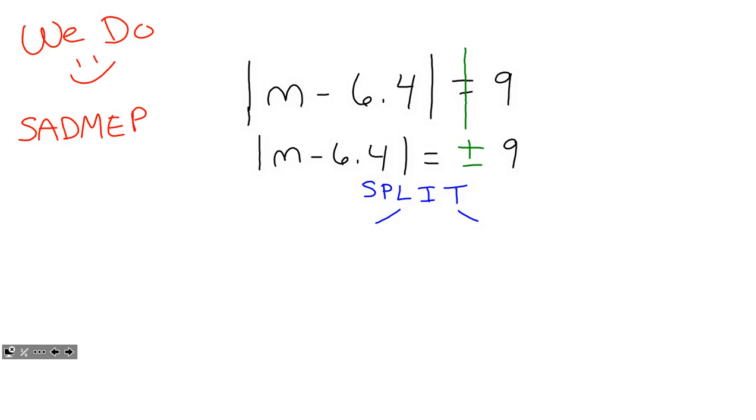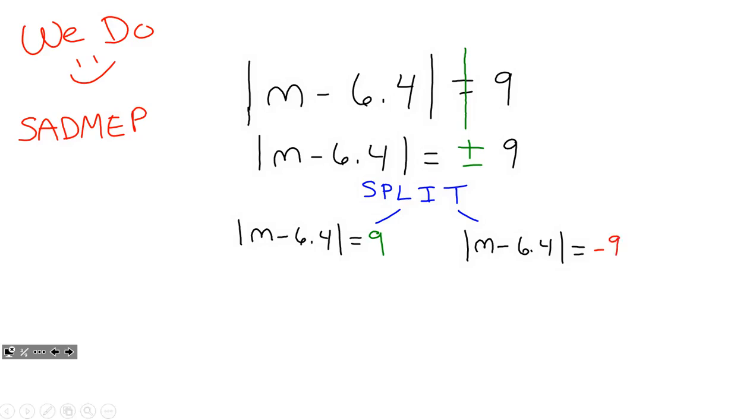So when I write my first equation, I'll write the absolute value of m minus 6.4 equals a positive 9. Notice what was on the left side did not change. When I go to write my negative equation, I still keep my absolute value of m minus 6.4 equals, but this time it's got to equal negative 9.